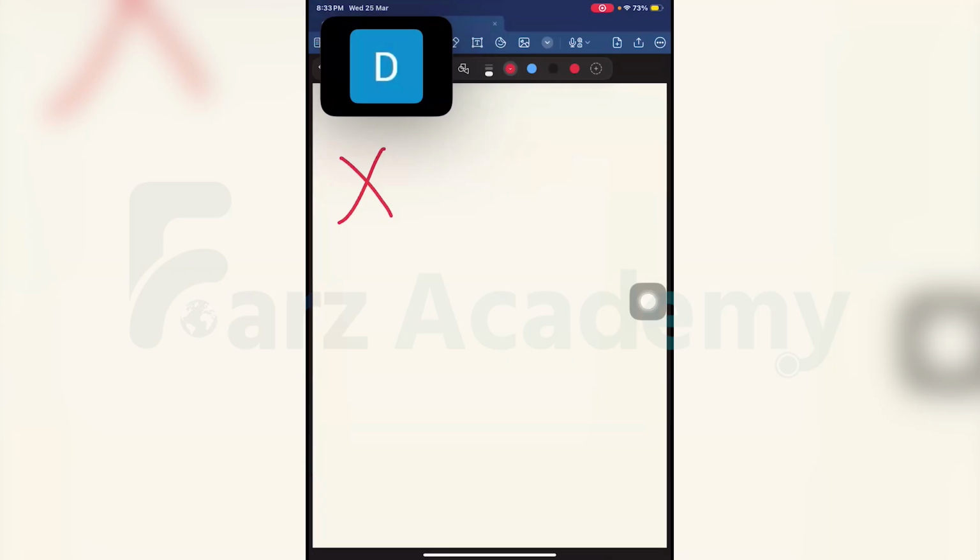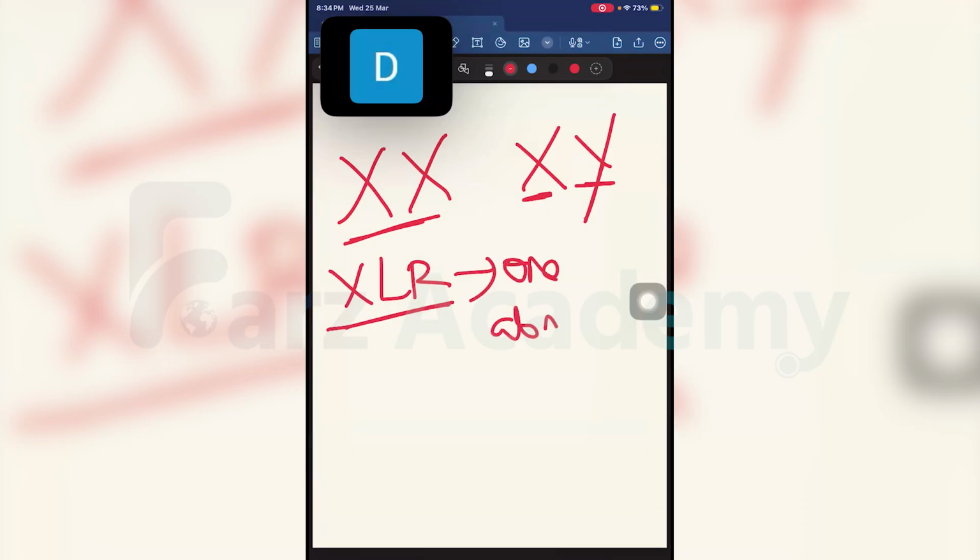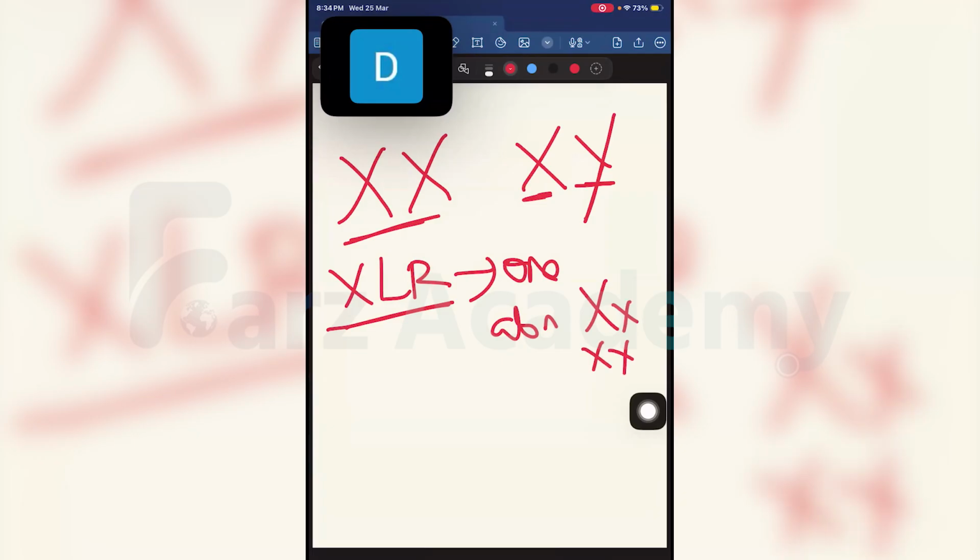So females are this genotype, males are this genotype, correct? Both the parents are giving X to a female, whereas when it comes to a male child, mother is giving X, father is giving Y. Now, when I tell you X-linked recessive, similar to the concept of recessive, one abnormal allele in a female is okay, carrier, but in a male it is definitely diseased.